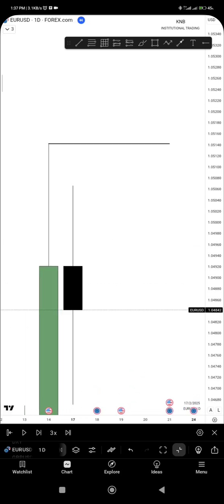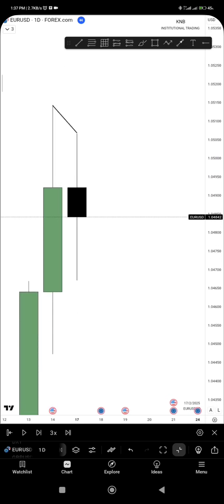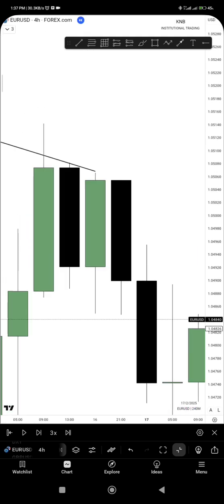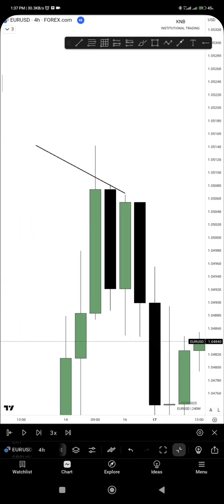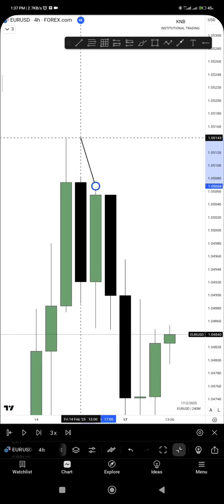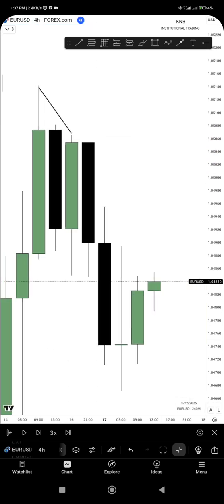Now we are using hindsight data, so permit me. So that's your first divergence.